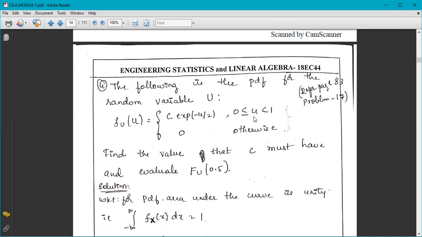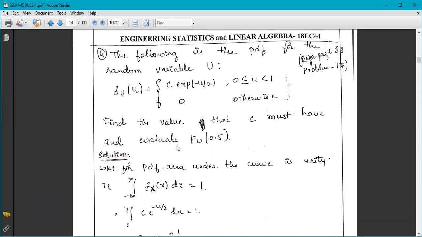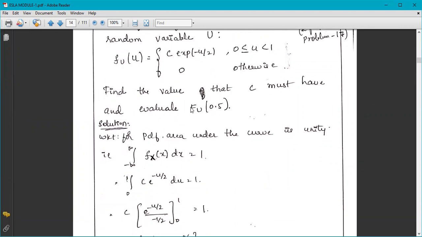That is, u is between 0 and 1, and 0 otherwise. Find the value that c must have and evaluate capital F_U(0.5). What is capital F_U? It is the cumulative distribution function of the random variable u at the value 0.5.